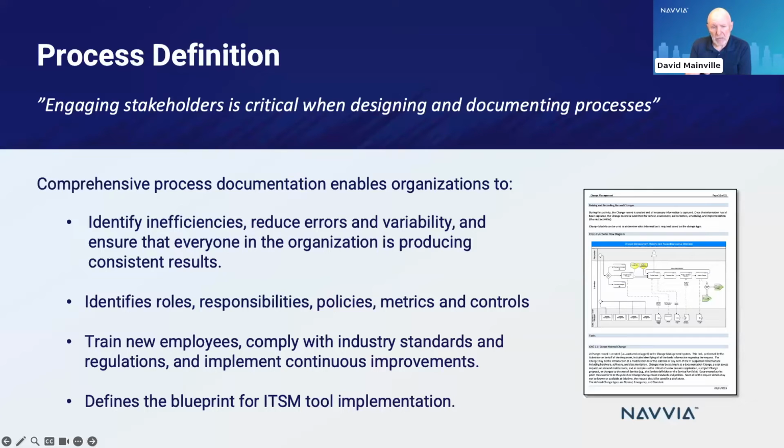Another thing I'd say to that is, when I think of process documentation, it goes beyond a flow chart, right? I talked a little bit about roles, responsibilities, policies, metrics, controls, but it's also the technical specifications that help drive the implementation. So in this process flow, whether it's an incident or a change, at some point you have to realize who gets notified. If this change is closed or if this incident ticket is created, who gets notified?